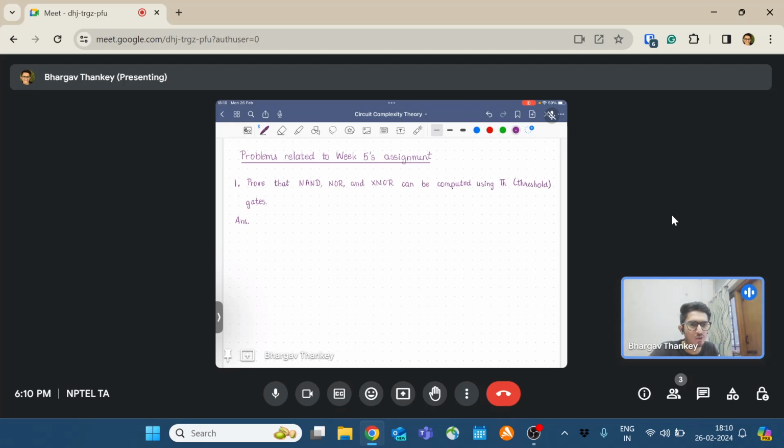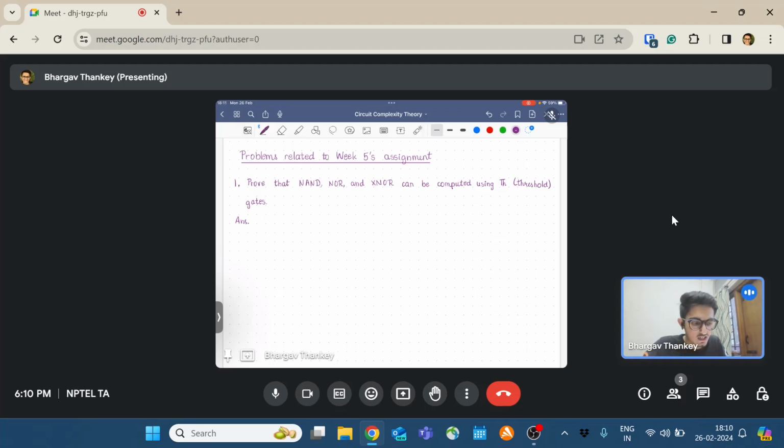In the class last week, we saw that AND, OR, and NOT can be computed using threshold gates. So one way to show that NAND, NOR, and XNOR can be computed using threshold gates is to just use those facts, right? But we'll try to do something more explicit and come up with explicit constructions.